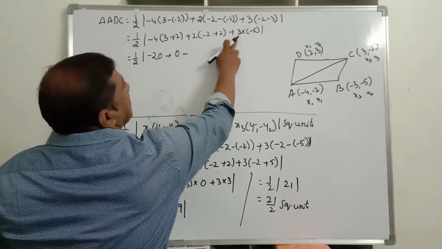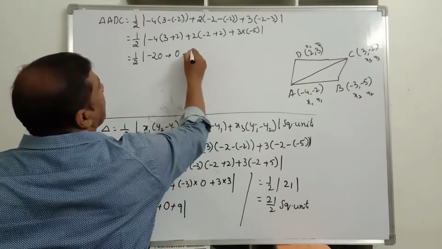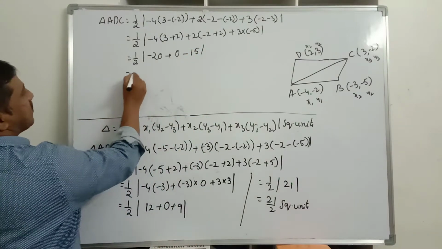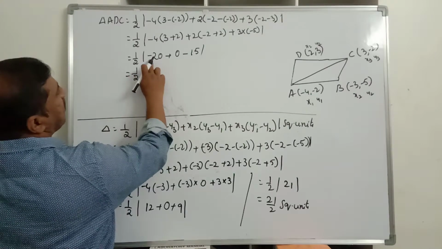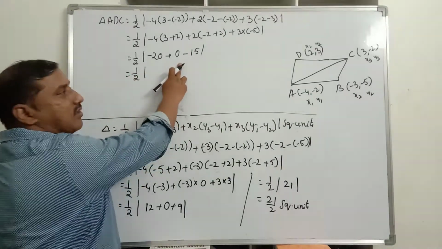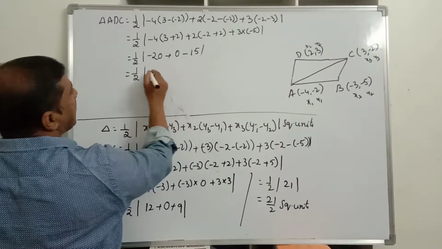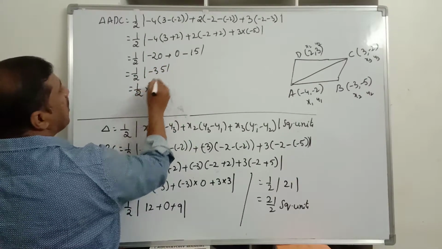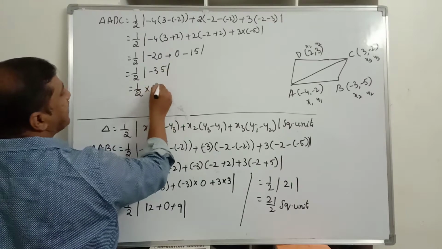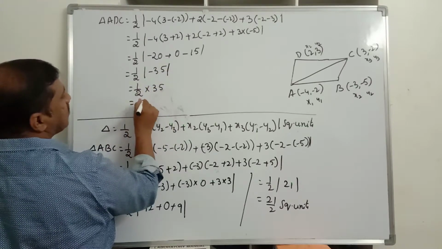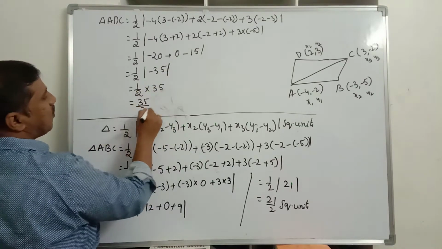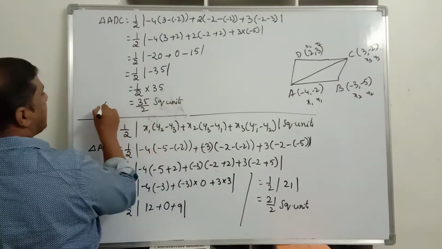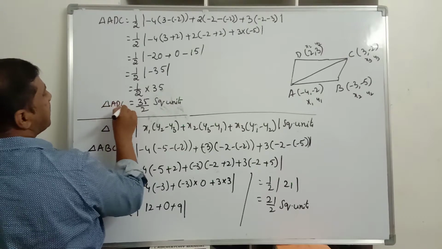That is half into the modulus of minus 20 plus 0 minus 15, which is minus 35. Half into the modulus of minus 35 is 35 only. That is 35 by 2 square units, the area of triangle ADC.